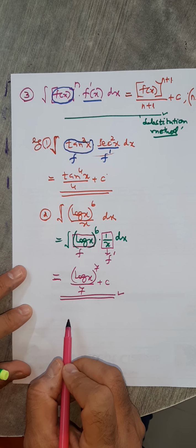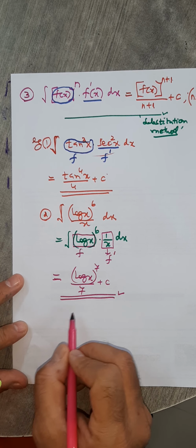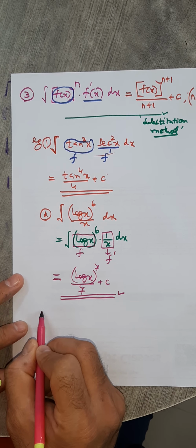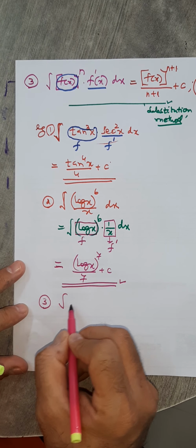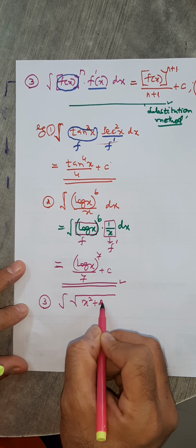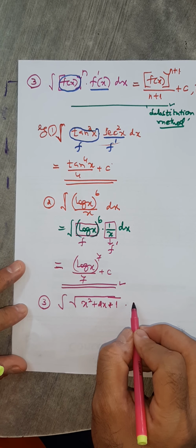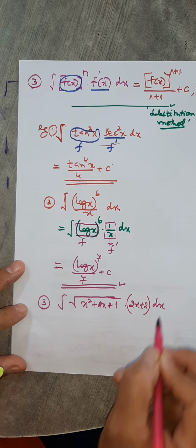Fine. Okay. One more. Let me write just one more question. Suppose I have root of x square plus 2x plus 1, into 2x plus 2, dx.